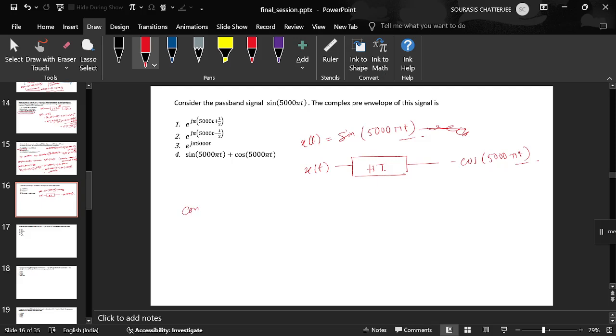So my complex pre-envelope for this passband signal is going to be x(t) + j x hat(t). This is x hat(t), what we obtain by applying the Hilbert transform over the passband signal. So this is sine 5000 pi t minus j cos 5000 pi t.